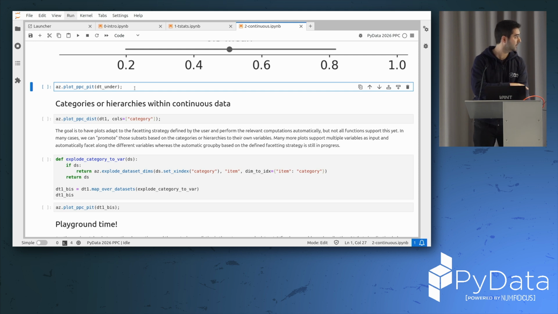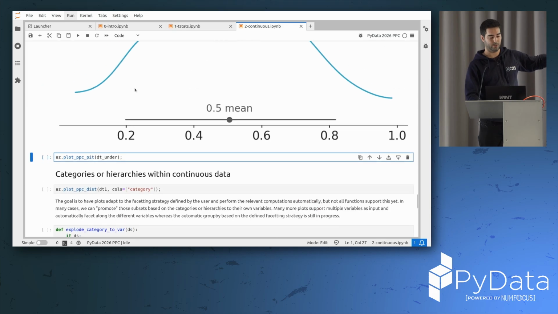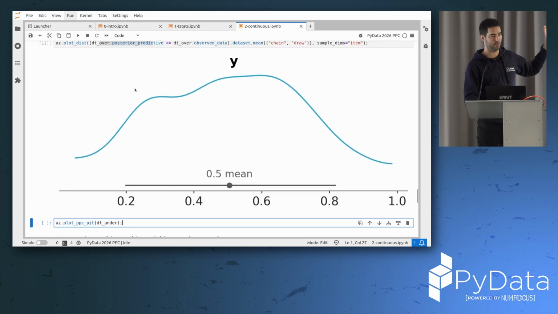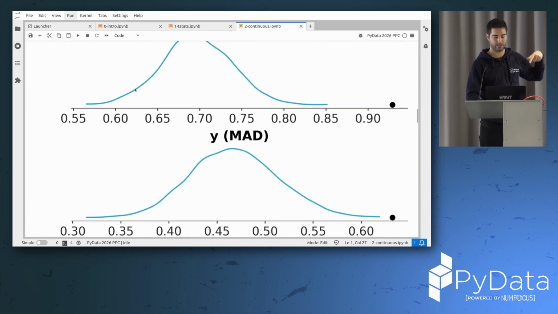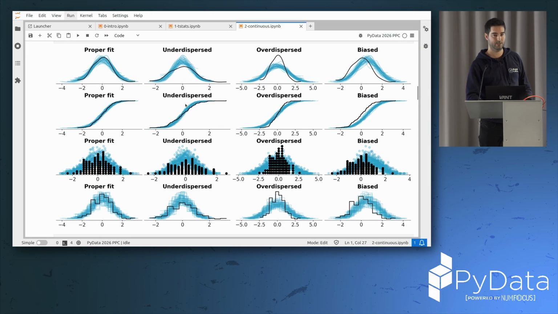This we have incorporated in this plot PPC pit, where what we actually do is we use this ECDF visualization. We build the ECDF for our pit transform, and then we compare the ECDF to the ECDF of a uniform variable, so that we get the differences between the ECDF that we have actually obtained and the ideal ECDF.